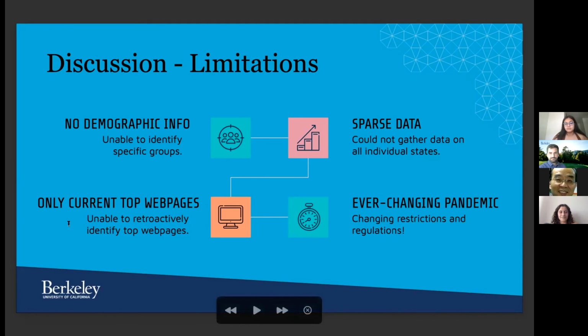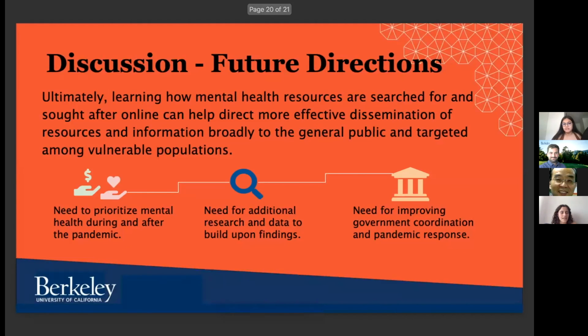So we're unable to retroactively identify top web pages, and it's an ever-changing pandemic, so restrictions and regulations were constantly changing throughout.